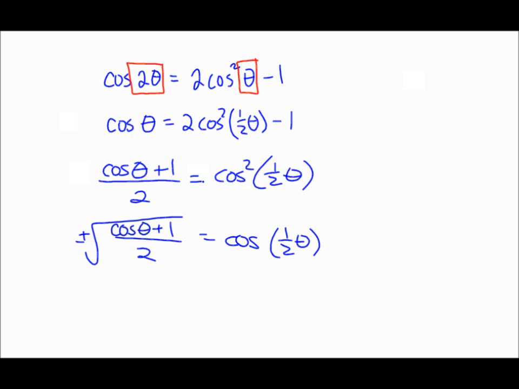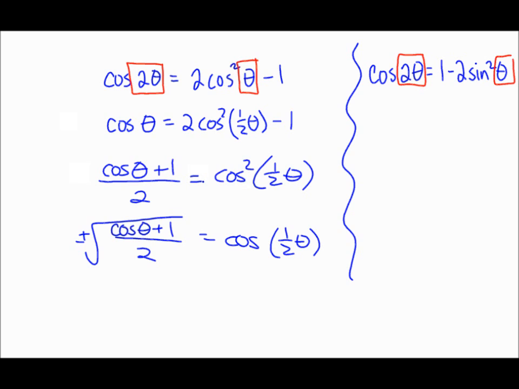The same thing is true for sine. We use the exact same idea. If we know cos 2 theta is equal to 1 minus 2 sine squared theta, which is on your formula sheet, it's all in your double angle formula. We could rearrange this. How could I rewrite this to be the same?